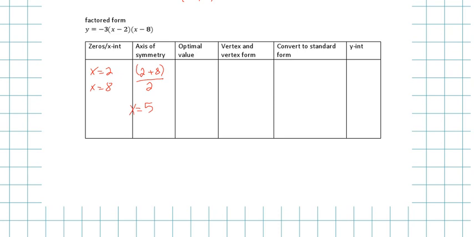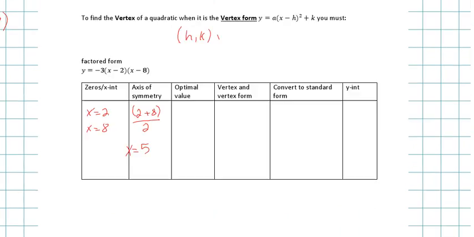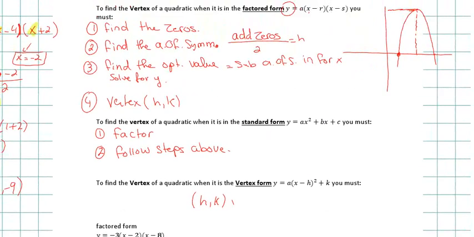How do I find the optimal value? To convert it to the standard form, sub in your axis of symmetry. So what we talked about earlier, you have to sub in the axis of symmetry for x.